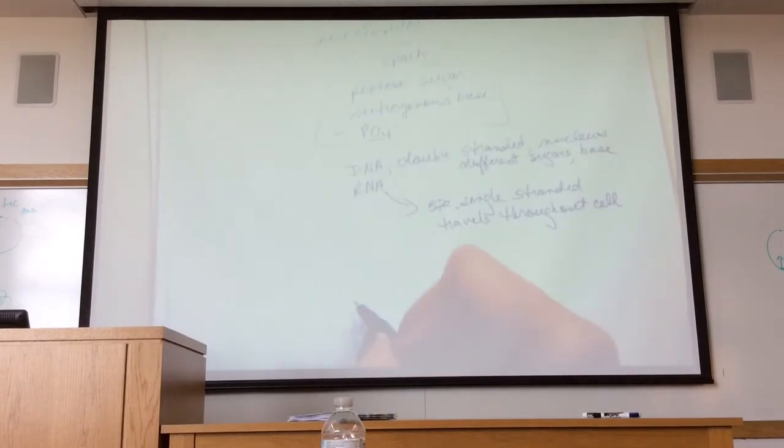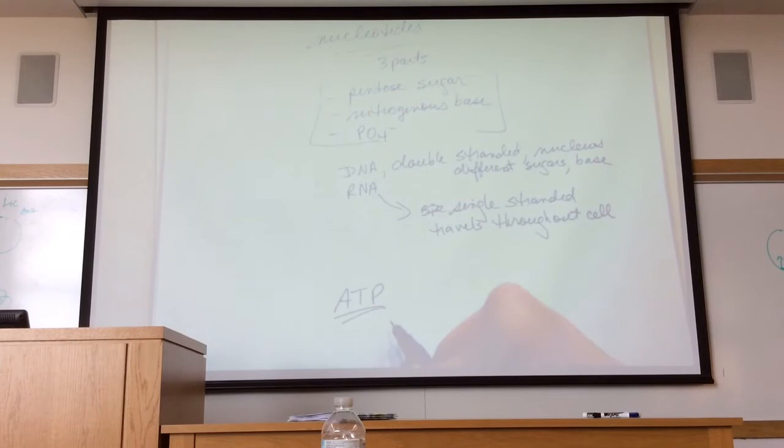Okay, ATP is a variation of nucleic acids, of a nucleotide. It's the energy, I should say the major, because it's not the only one. I don't want to tell you a non-truth. It's the major energy molecule of the cell.